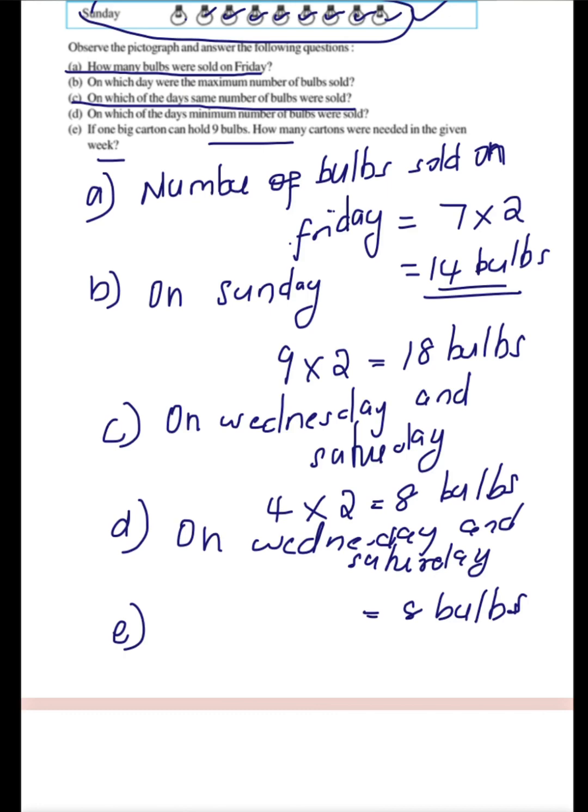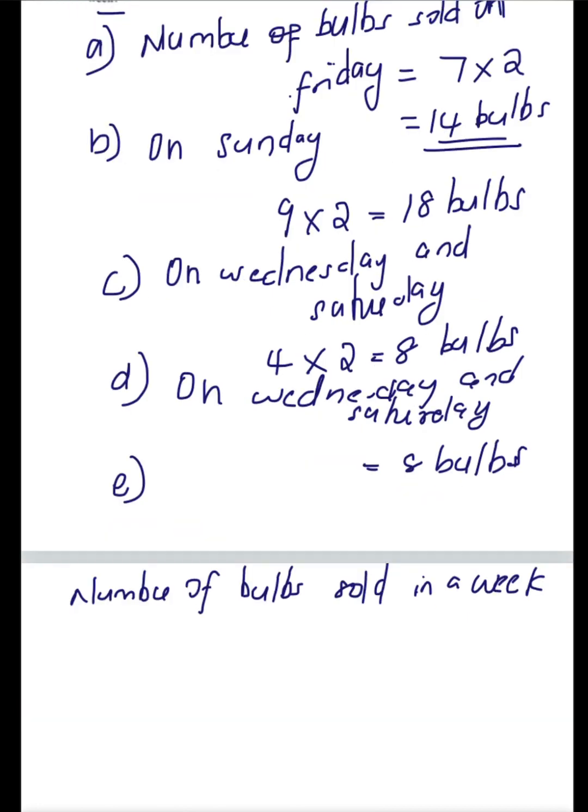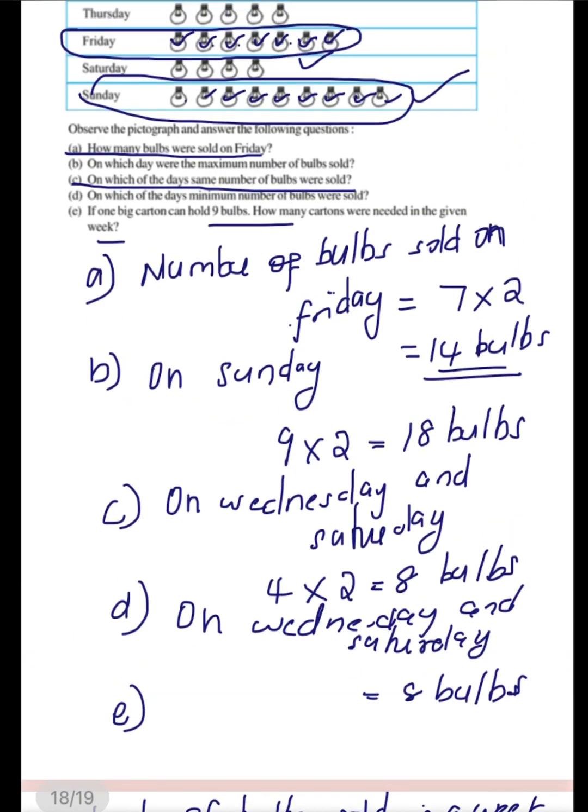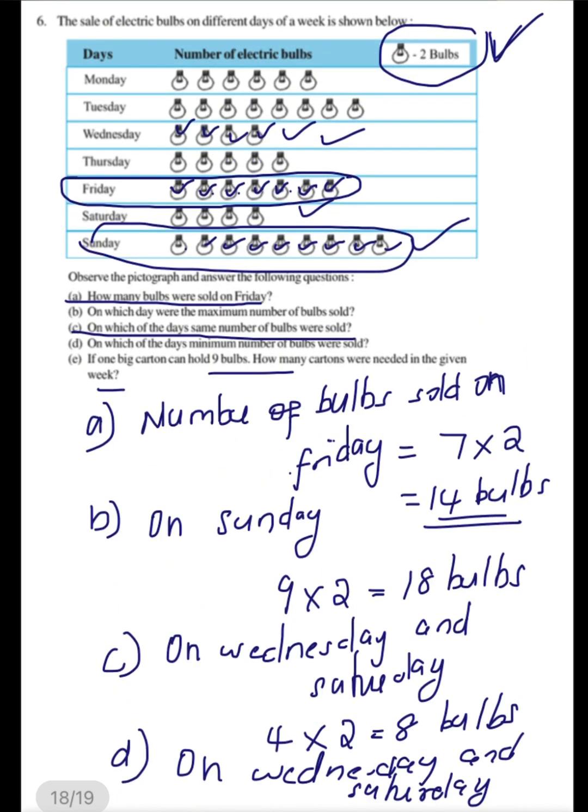So let's write it first. The number of bulbs sold in a week means you have to count the number of bulbs sold on each day. That means this will be equal to the number of bulbs sold on Monday plus Tuesday plus Wednesday plus Thursday plus Friday plus Saturday plus Sunday. So each day you have to calculate. Let's calculate one by one.